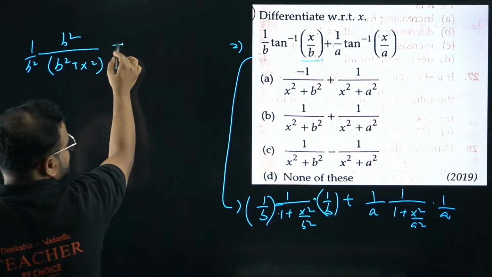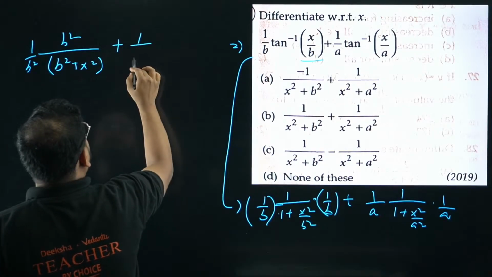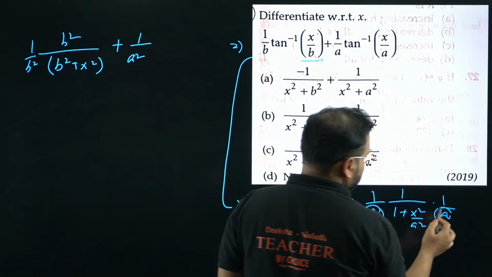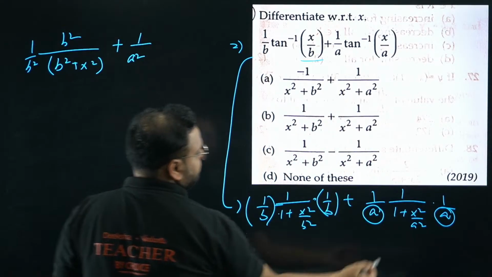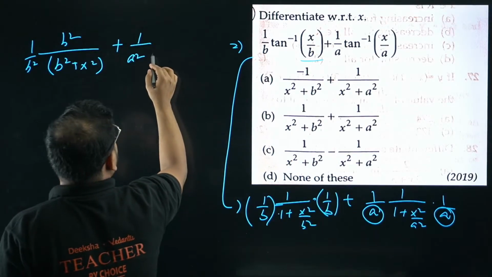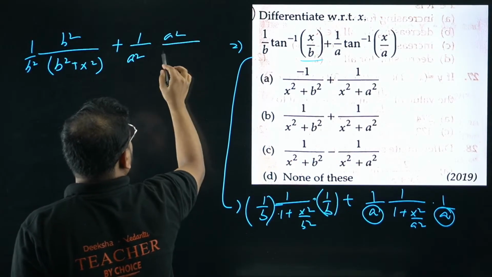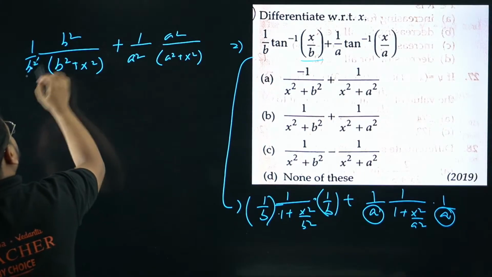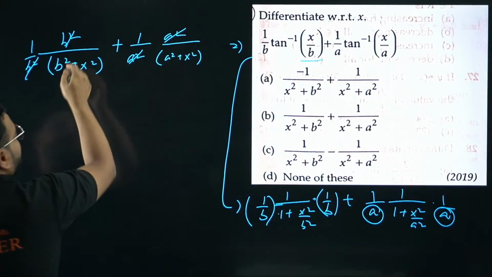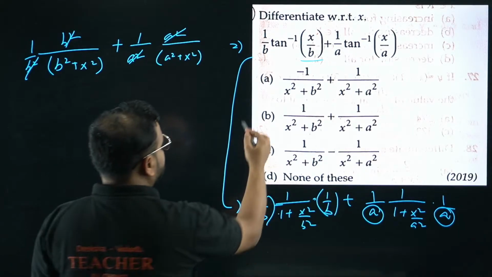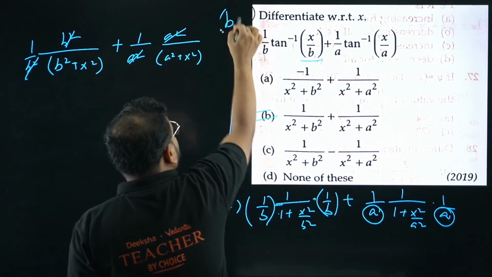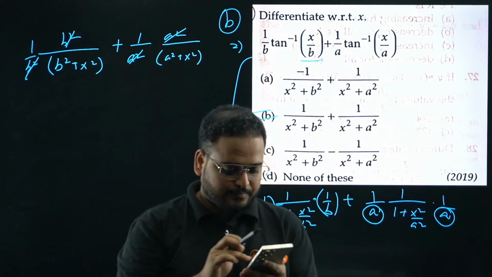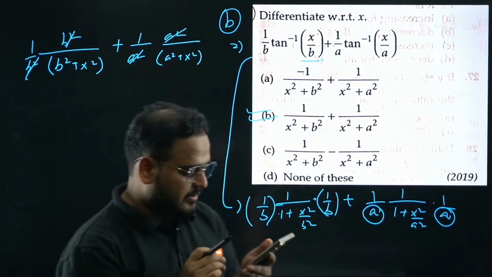Same way, plus 1 by a square, this a and this a will become a square, and again the LCM will be a square plus x square, so I get a square upon, in the bracket, a square plus x square. This and this are cancelled, this and this are cancelled. I get the answer as option B. Please cross check. All of you? Yes, great.